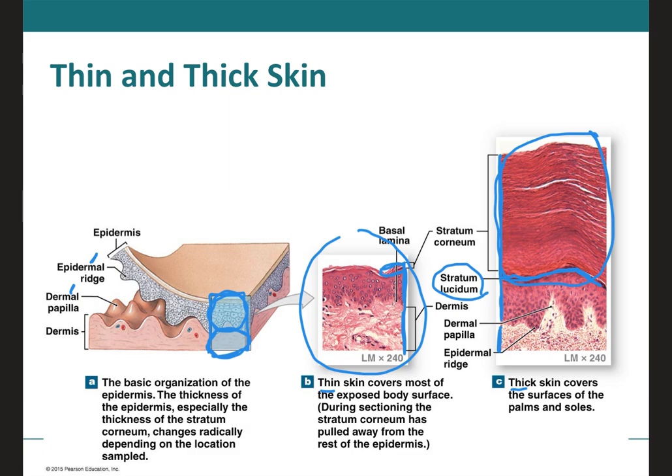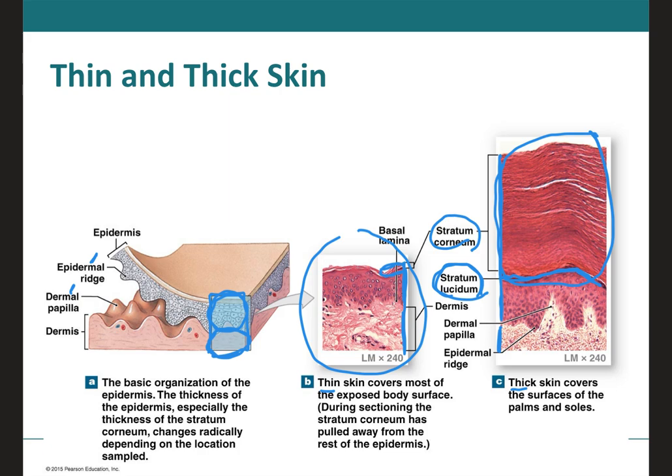With regards to the questions that we asked earlier, the reason why the cells that are present in the stratum corneum, in the stratum lucidum, and in the stratum granulosum die is because of that lipid-rich substance that is produced in the stratum granulosum.